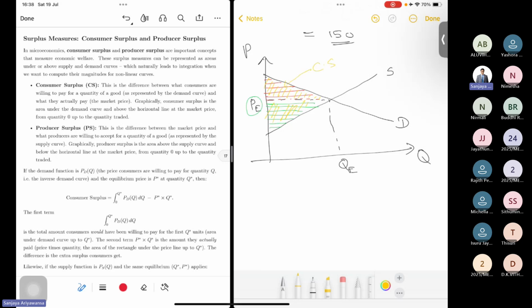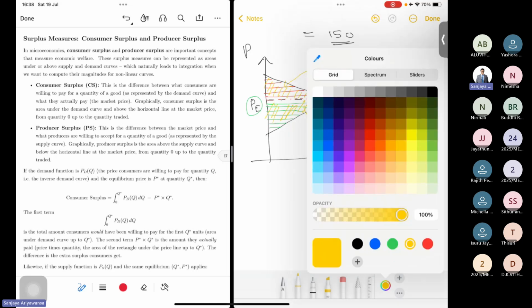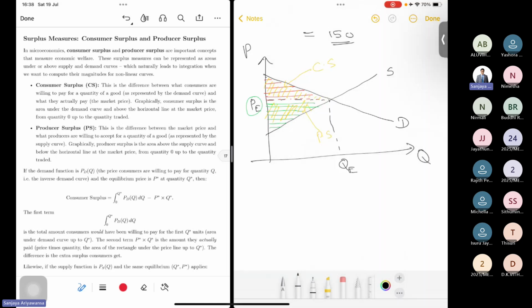So here you have consumer surplus, here you have producer surplus, and then you must have done these, but I'm not going to go into detail. You have a price floor introduced, and a price ceiling. And when you're introducing price floors and price ceilings, you get this deadweight loss, right? So you must have done this.